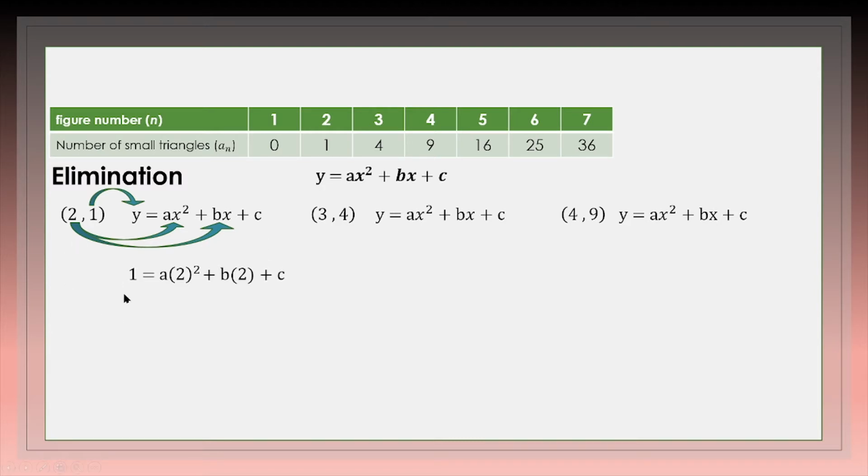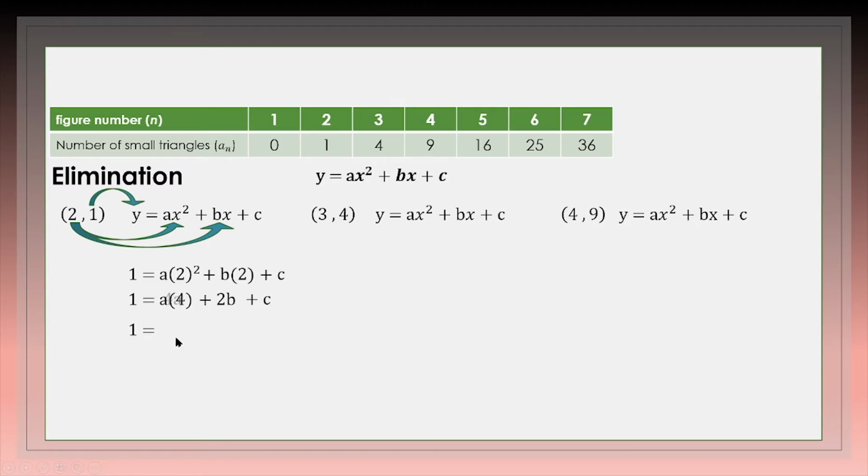Then, simplify natin. So, bring down 1. Then, what is 2 squared? So, siya ay 4. So, a times 4. Then, 2 times b is 2b. Bring down c. Okay, then next, multiply naman natin yung a. So, bring down 1 ulit tayo.